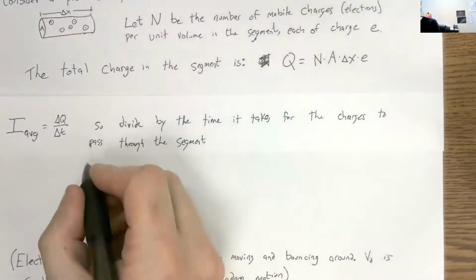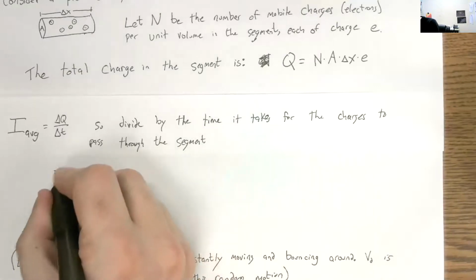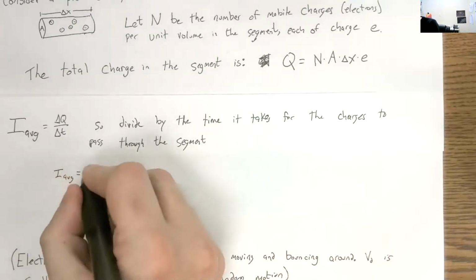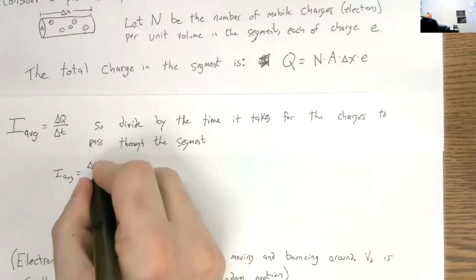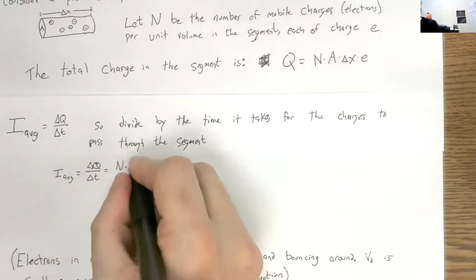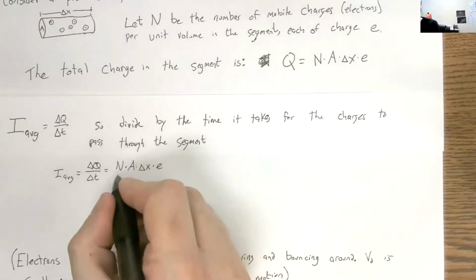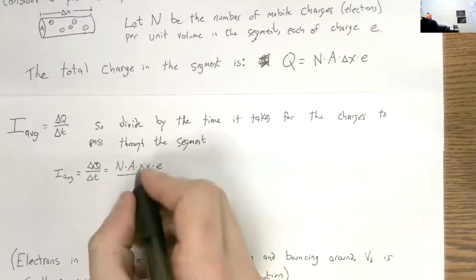So if we do that, the average current is going to be Q over delta T, which is N times the area times delta X, divided by the time.